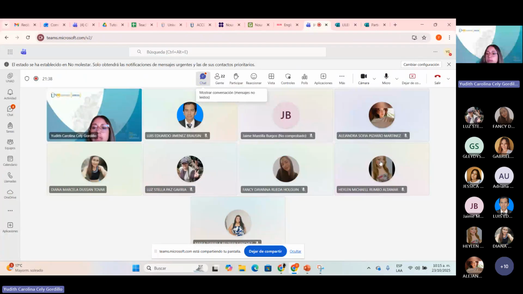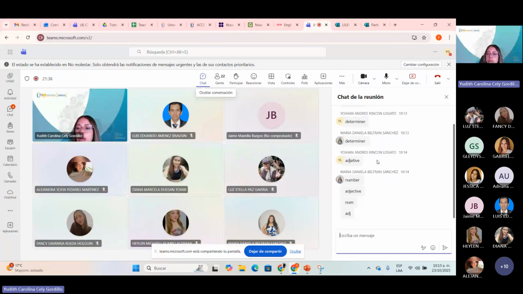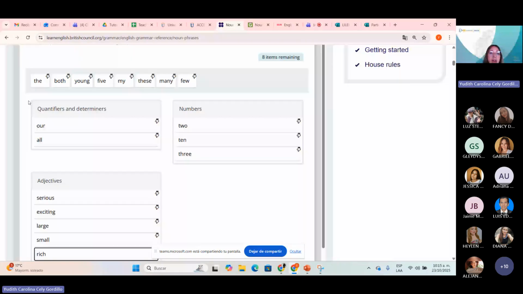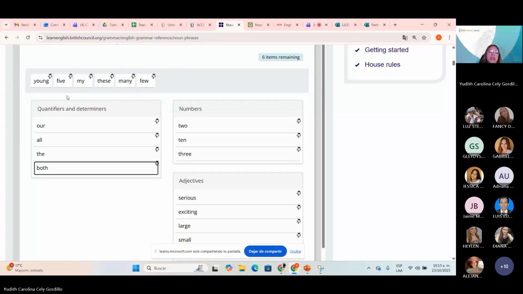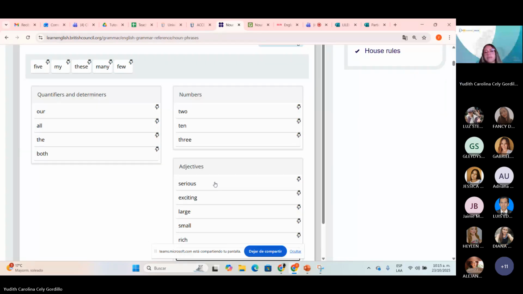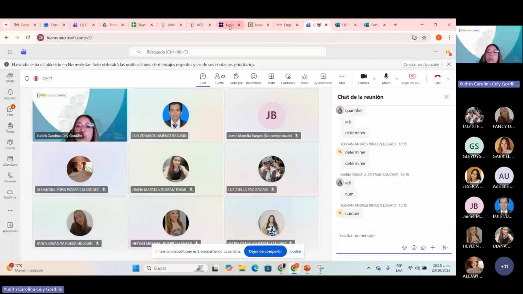The. What do you think it is? Determiner, that's so perfectly. The. Both. In which part can you classify the word? Determiners. Young. What is this? Adjective. 5. What about this 5? In which part can you classify? Number, that's right.